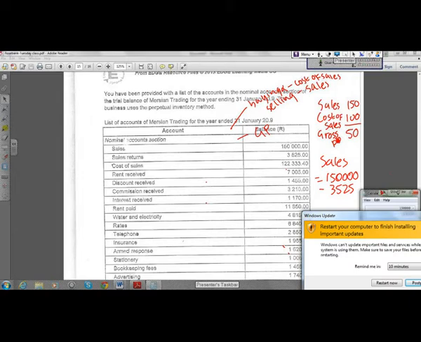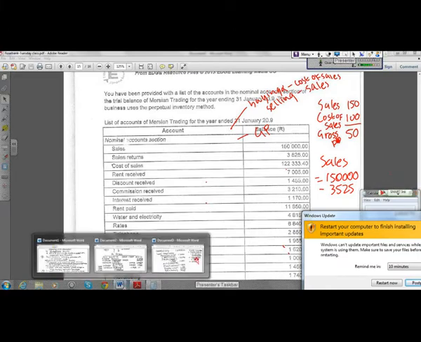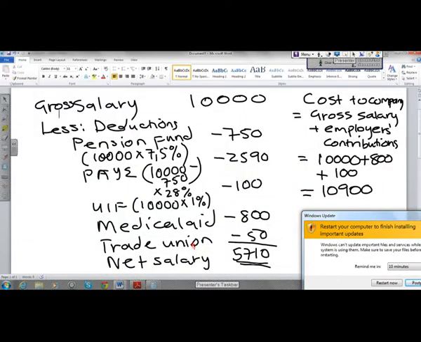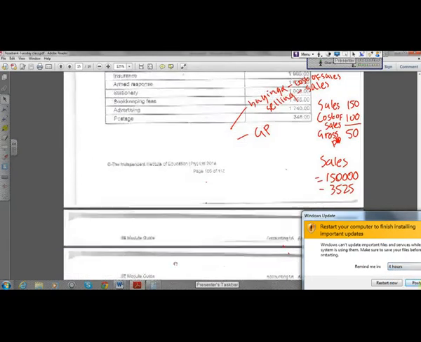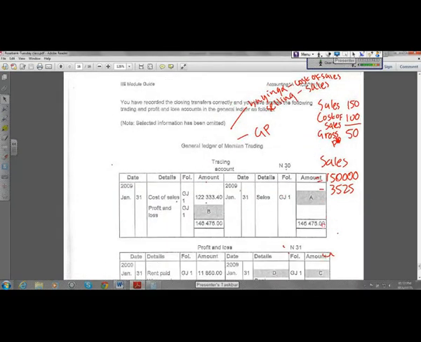That's the figure we're going to put there, 146,475. So then that will be our sales. Remember, we said this is sales minus sales returns.